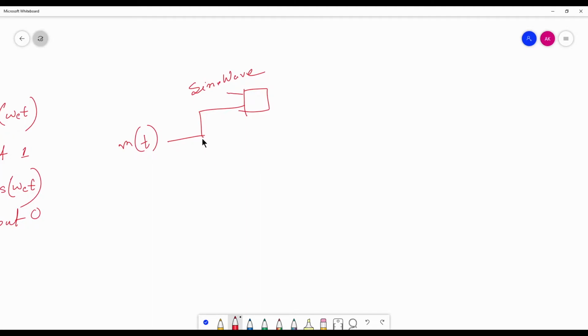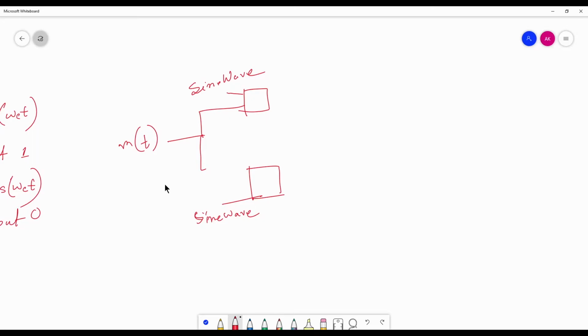For the other, we need to get the negative version of the message signal, and we add the same carrier, the same sine wave, in the same frequency, everything the same. So we have to make the negative version of the message.